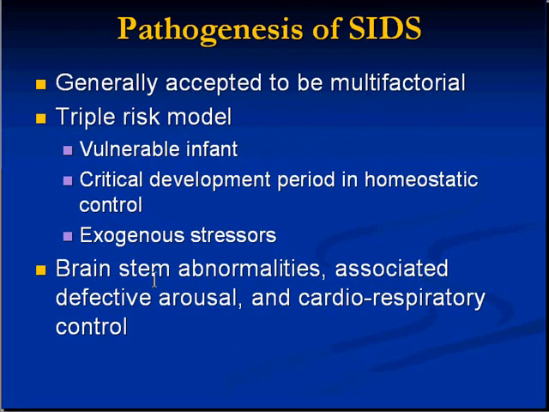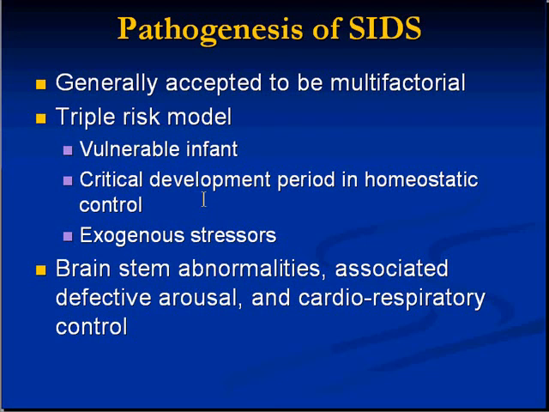Let's just say there's a triple risk model characterized by the fact that a certain type of infant, like we described with all the risk factors, will be in a vulnerable situation. And let's say there's a critical development period in which there's a problem in homeostatic control with a combination of exogenous stressors. And basically, this is the pathogenesis.